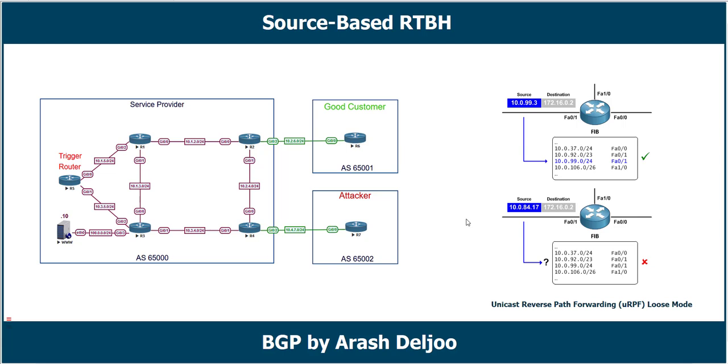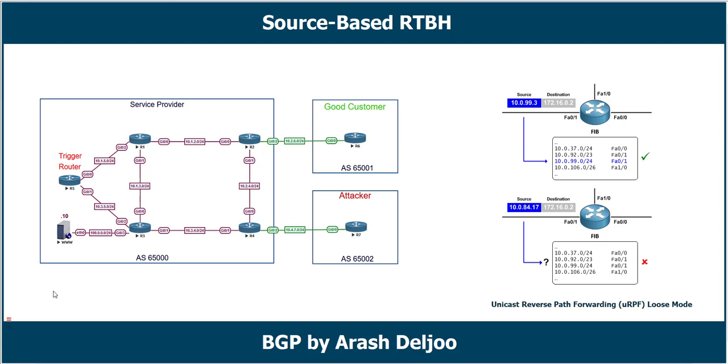But here, as you can see, we have a good customer and also one attacker. What does it mean? It means that we don't want to drop all traffic to the destination of, for example, this server. With destination-based RTBH, you look only at the destination IP of the packet and then drop it.